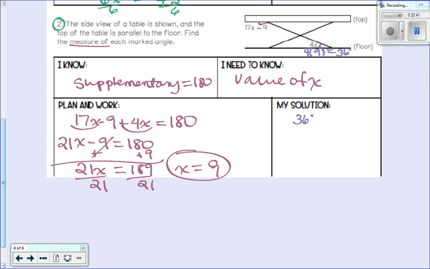I can either substitute it in, or I know if I add them together, they would be 180, right? So I could do 180 minus 36, and we get 144. So when I substitute it in here, we should get 144 degrees. Are we good? All right.